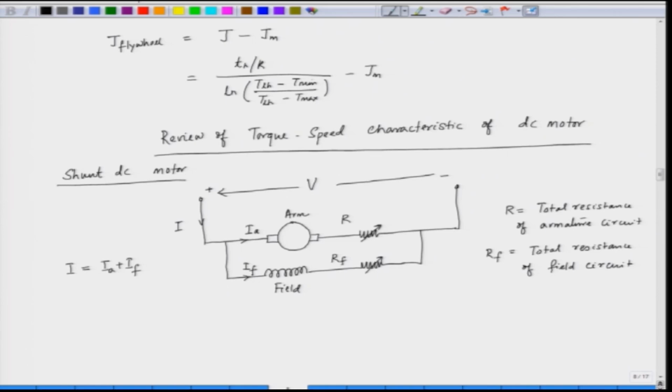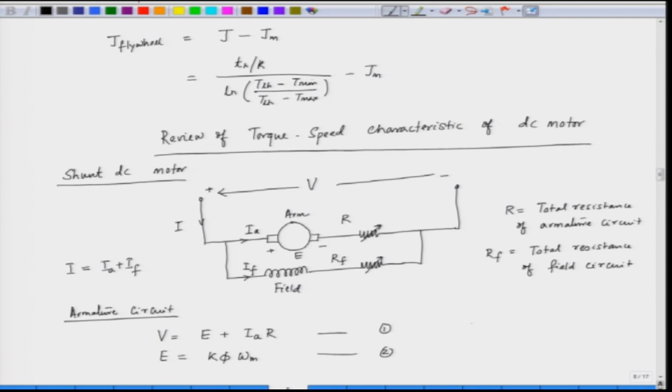Now, in the armature circuit equation, the applied voltage V, the motor has a back EMF, that is E. We can say that V equals the back EMF plus the drop in the resistance, IA into R. And what is this back EMF? The back EMF is some constant into the flux into omega m. Omega m is the speed.